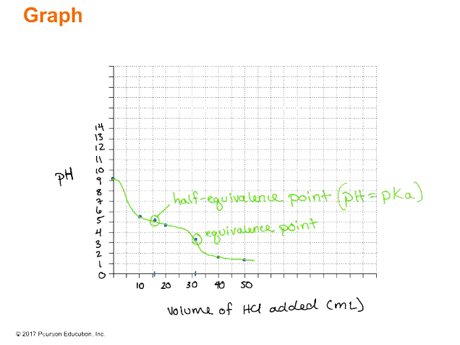So that's always a really easy calculation for either a titration with a weak base and strong acid or a titration with a weak acid and strong base. The pH will just equal the pKa. And then remember at the equivalence point, the moles of acid equal the moles of base. Okay. So again, this was for a weak base and strong acid.